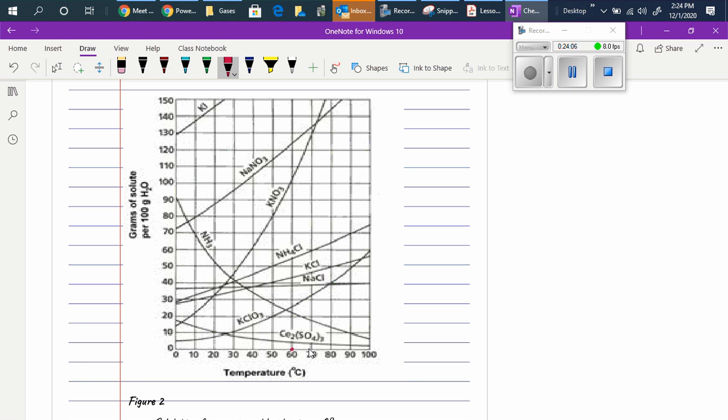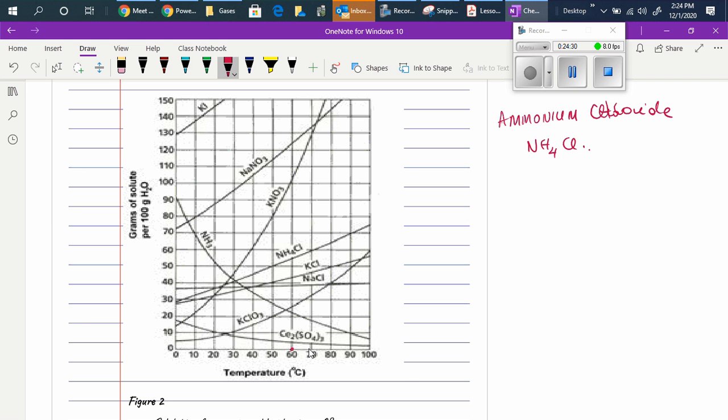And then we will find the ammonium chloride, which is NH4Cl.